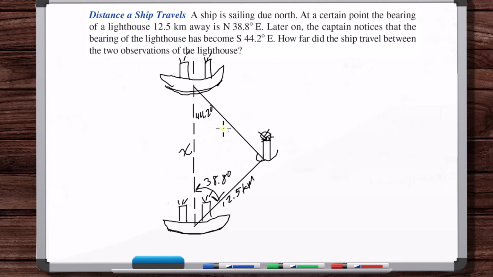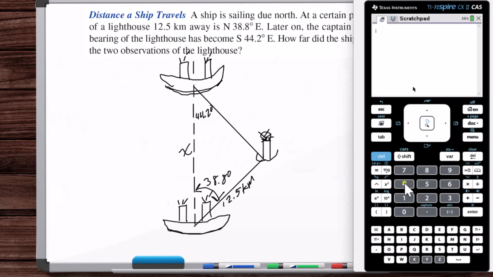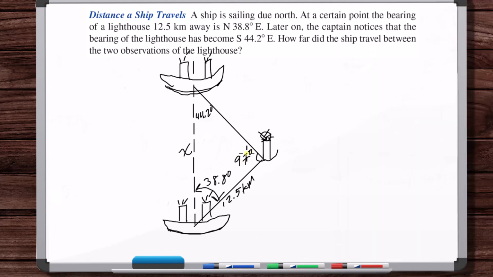First let's get this angle here. We've got 44.2 plus 38.8, and then take 180. So 97 degrees is this angle. Now we can use the law of sines. So we've got x over sine of 97 is equal to, now, we can't just pick.